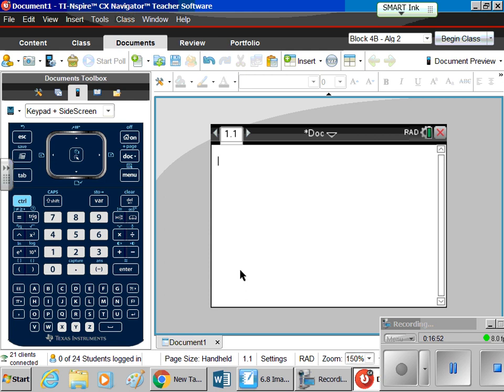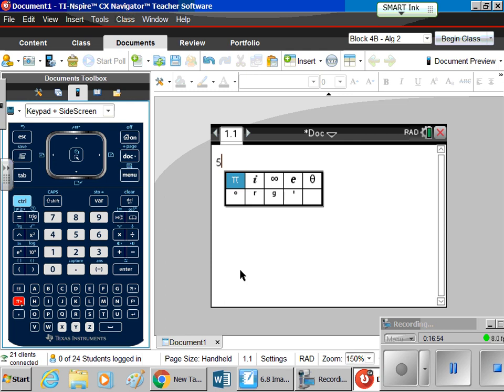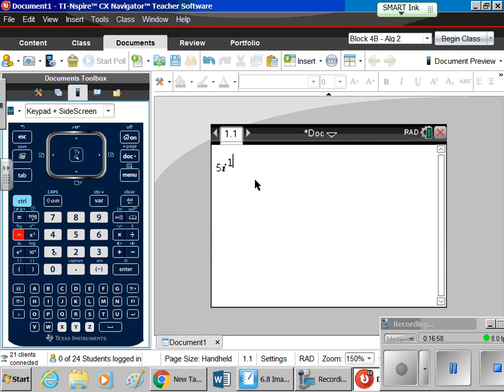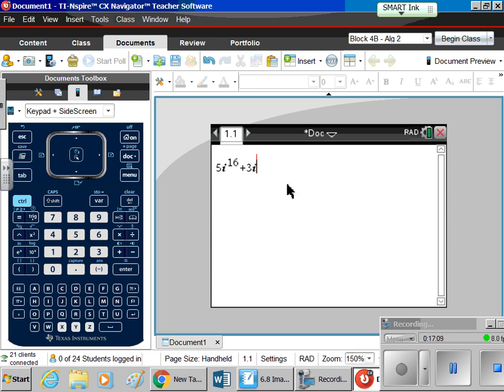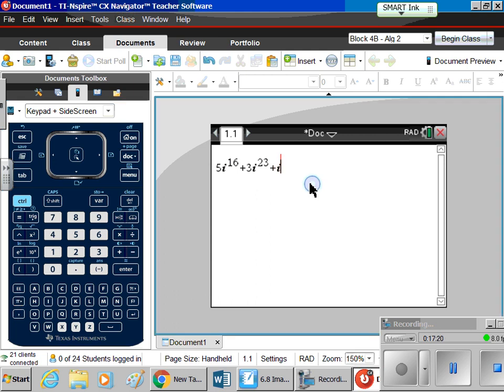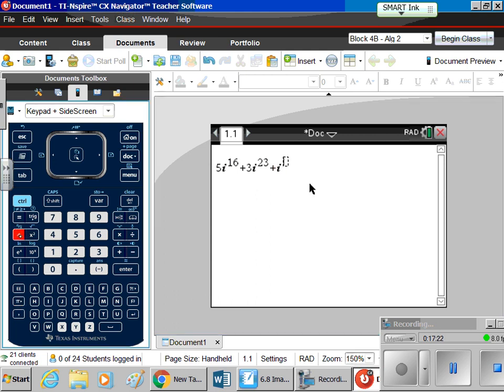So 5i raised to the 16th, hit the side button to come back down, plus 3i raised to the 23rd power, side button to come back down, plus i raised to the 26th power.